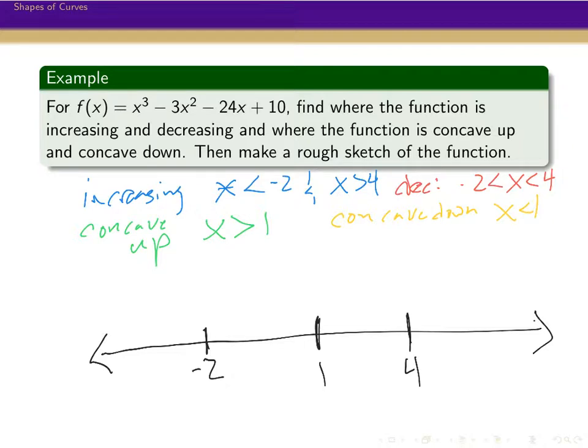Okay, so at -2 and to the left of 1, this is increasing and concave down. Between -2 and 1, it's decreasing and concave down.